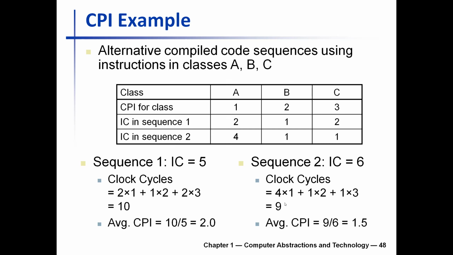Here, the total number of clock cycles is 9, which is a single clock cycle less than sequence 1. So the average CPI for sequence 2 becomes 9 clock cycles divided by 6 instructions, 1.5. Right? So I hope this gives you an insight into the meaning of average CPI and CPI defined for classes of instructions.